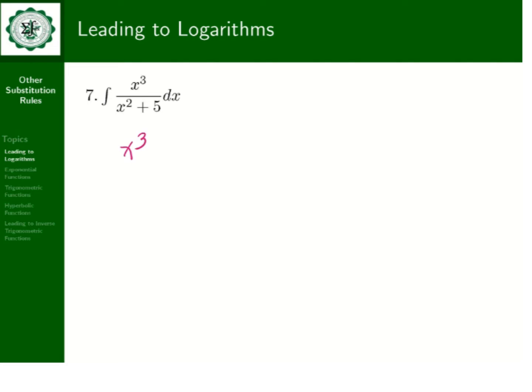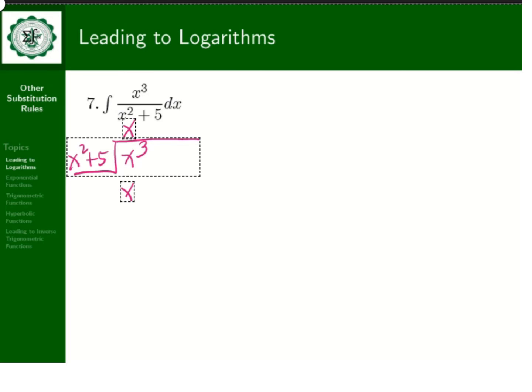So we divide x cubed by x squared plus 5. Kindly recall how to perform long division. Here we divide x cubed by x squared. We get x, and then we multiply the quotient x by the divisor. So we multiply x by x squared, we get x cubed.